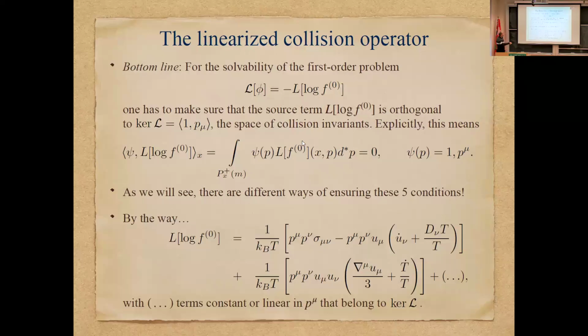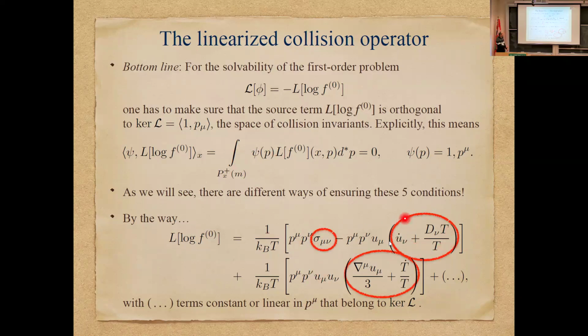By the way, if you write this right-hand side down explicitly, it will look something like this. These terms here are constant or linear in P, so they belong to the kernel. And those are the terms that are quadratic in P. What appears here is a shear associated to the four-velocity.